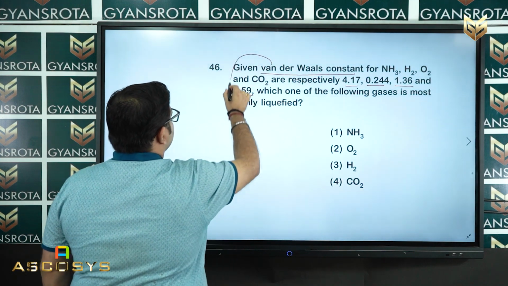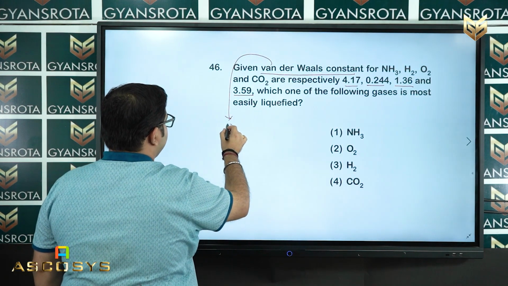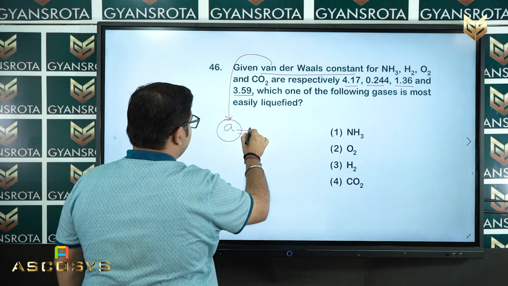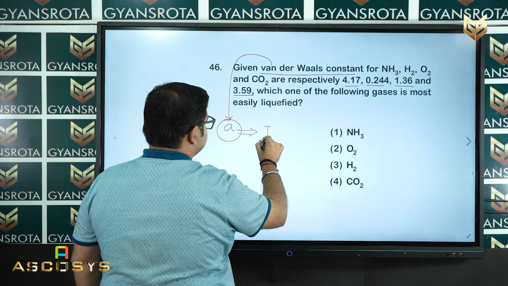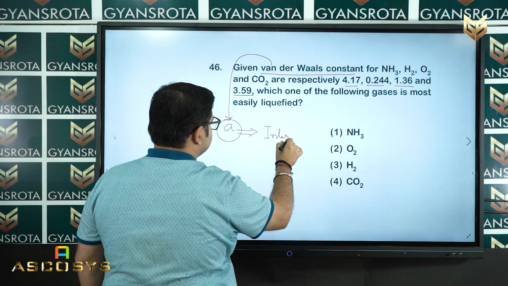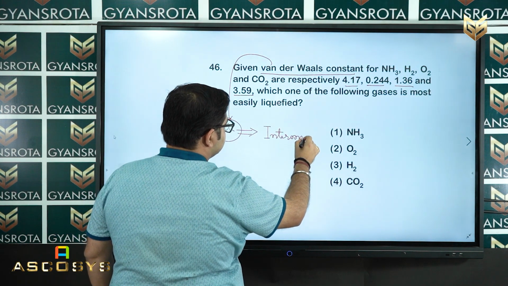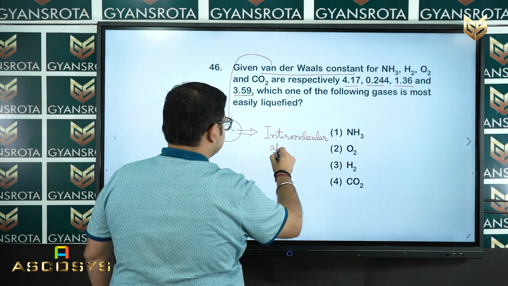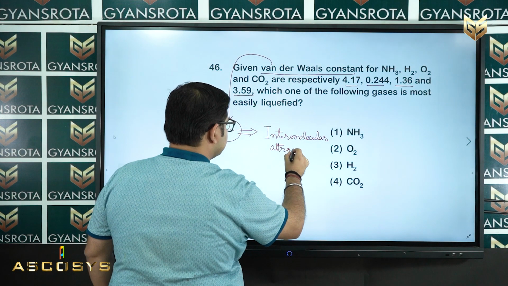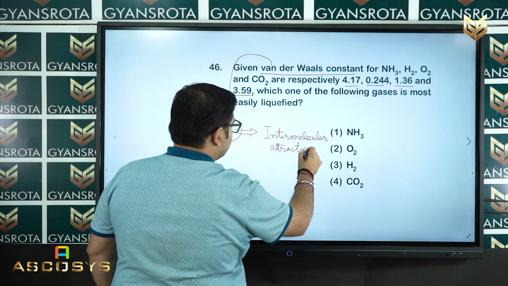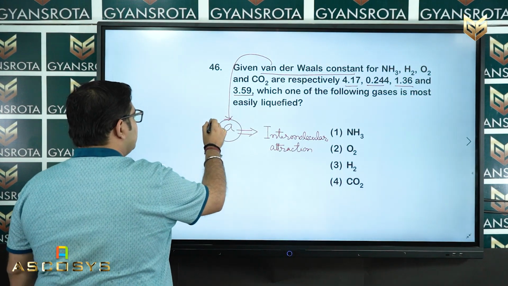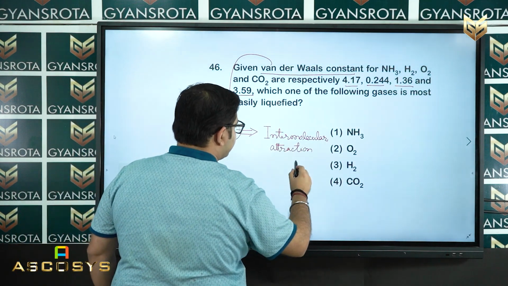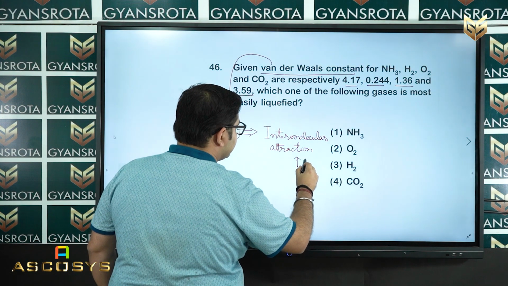This van der Waals constant is basically shown as letter A, and it tells about the intermolecular attractions. Now, if my value of A increases, my intermolecular force of attraction also increases.